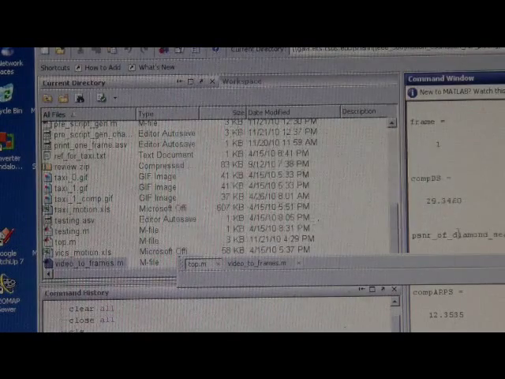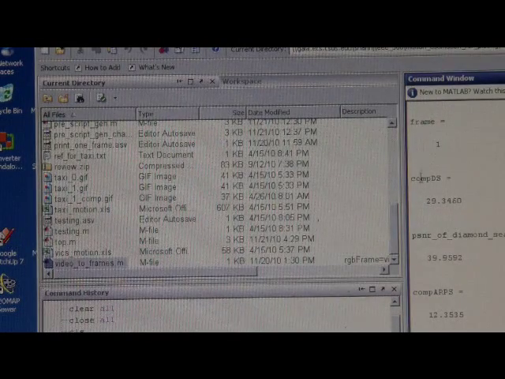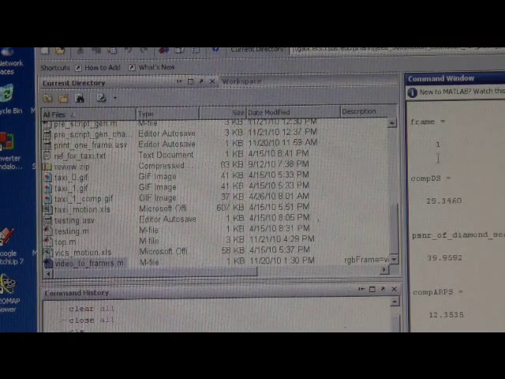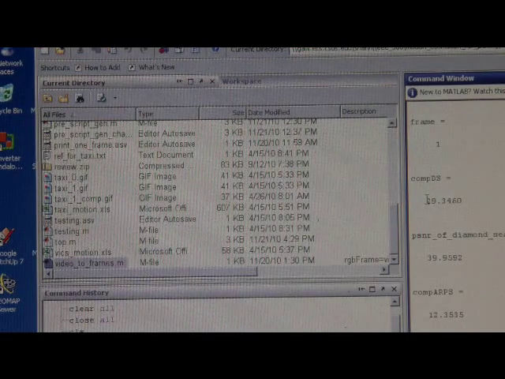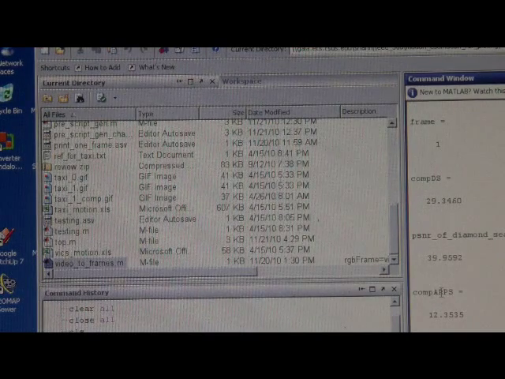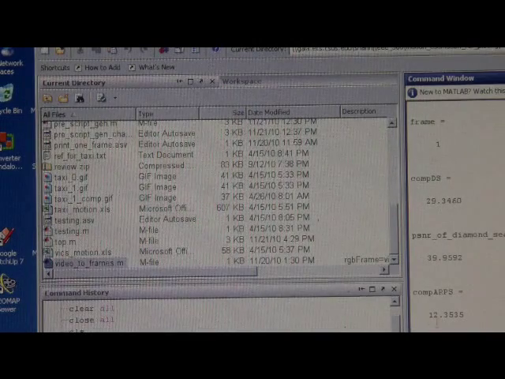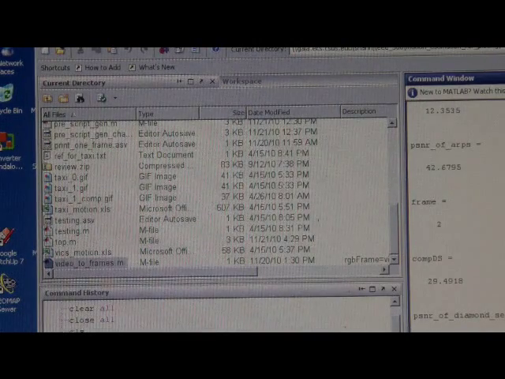Notice that it has already completed calculations for the first set of current frame and reference frame, where the computation for diamond search is 29.34 while the computation in the case of ARPS is just 12.35.